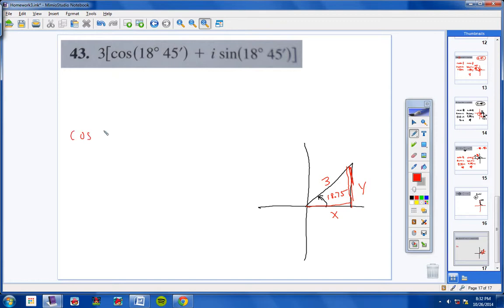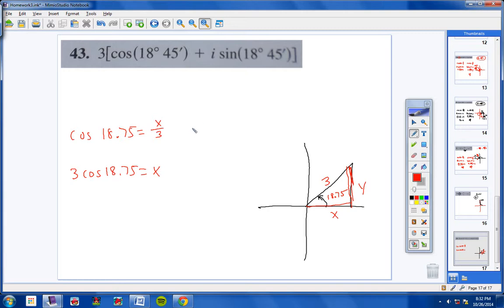Cosine of 18.75 equals adjacent over hypotenuse, multiply both sides by 3. 3 cosine of 18.75 equals x.